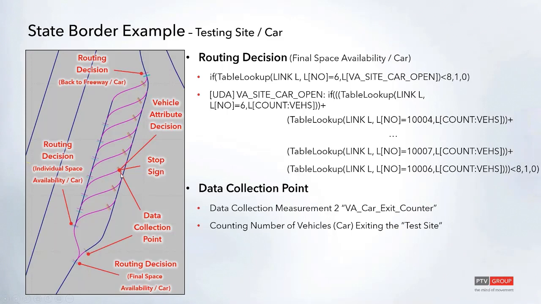Each of these connectors has another stop sign associated with it with a dwell time. They also have a vehicle attribute decision, which will update once the vehicle has completed testing, so it'll have a testing completed attribute at that point. And then we also have some data collection points placed so that we can count the number of vehicles that have been tested.